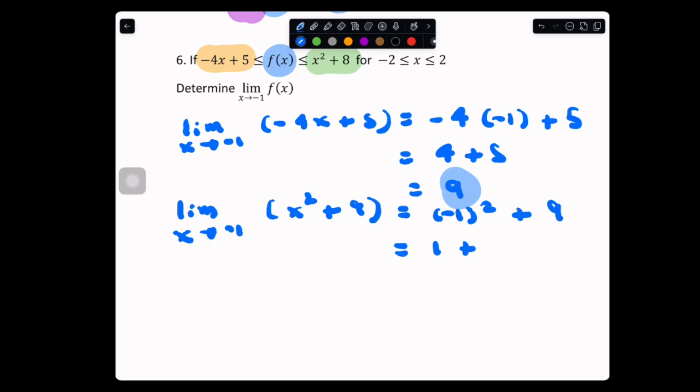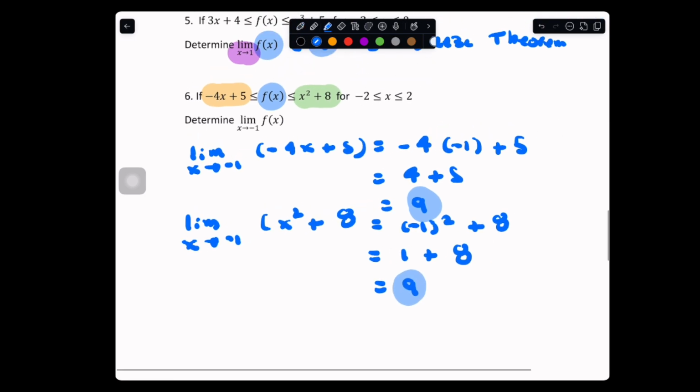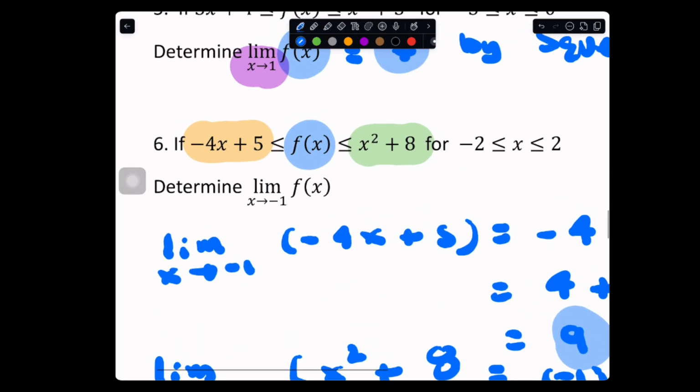I think that I already did the arithmetic in my head. 1 plus 8 is what? 9. So what does that mean about the limit for the middle function? It's 9. Why? By the squeeze theorem.